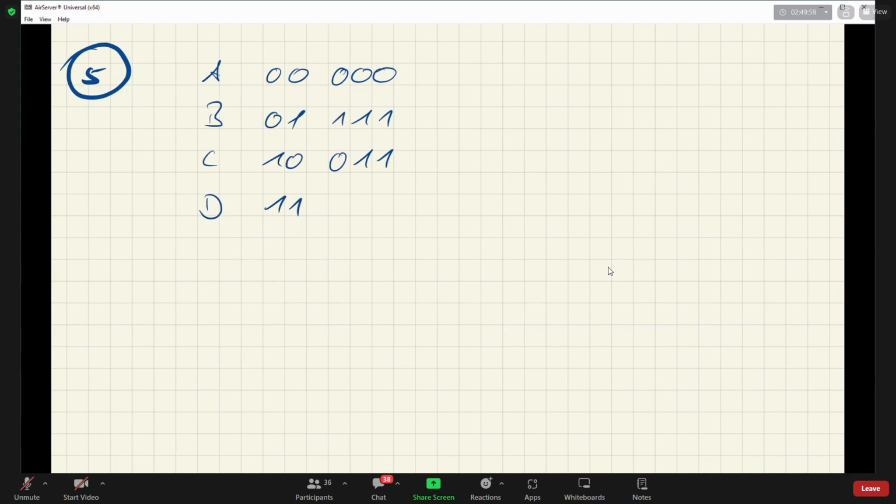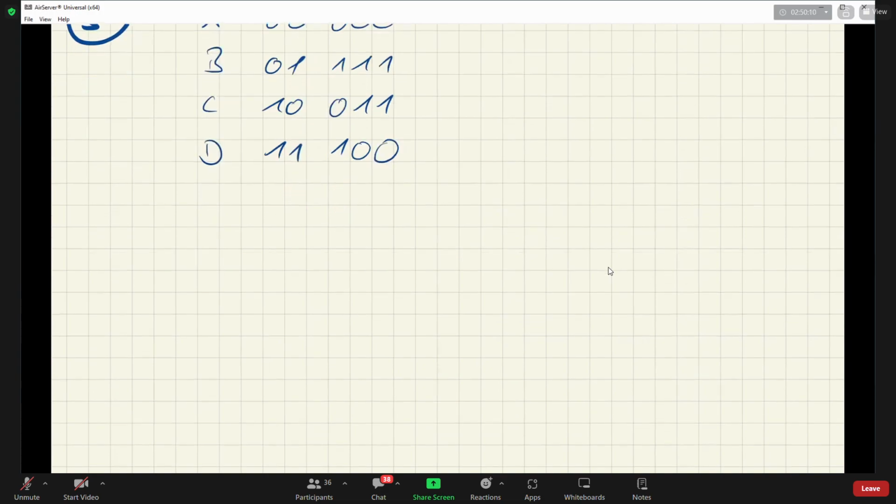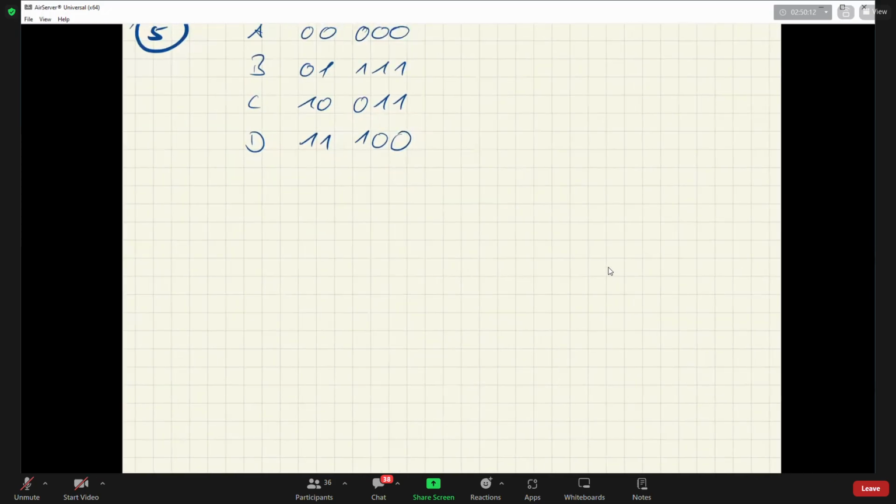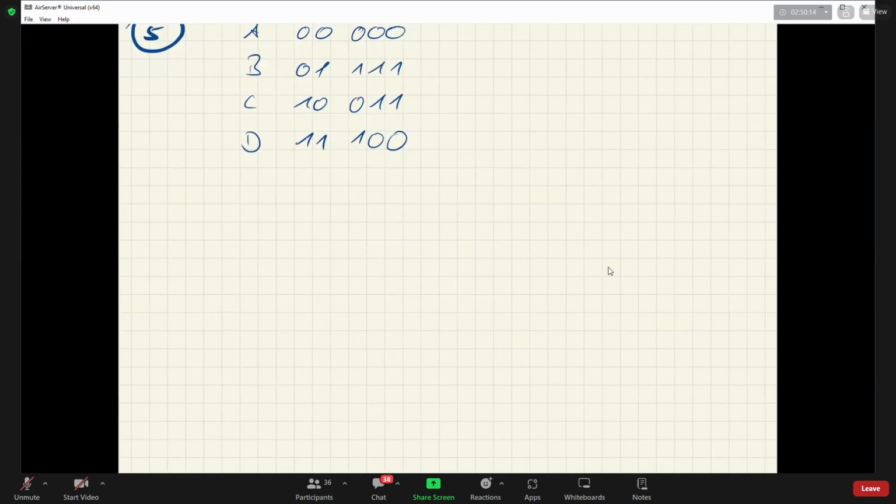I have here, for the moment, a Hamming distance of 1. Now I have a Hamming distance of 2, of 3, and of 4. And now let's compare and maybe adjust a bit if necessary. To compare, you can write the bit patterns here like that if you want.